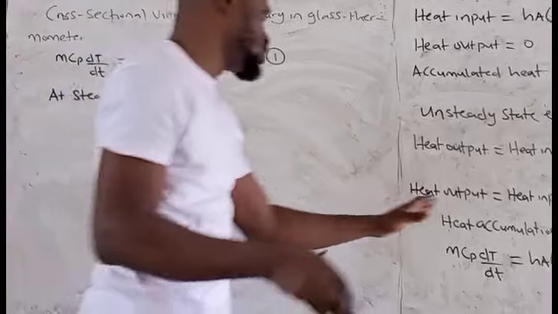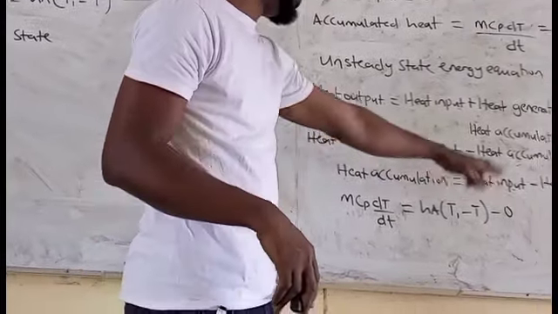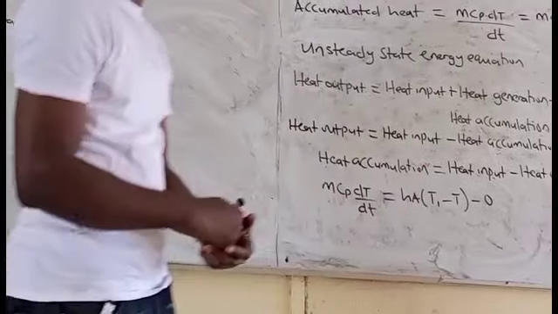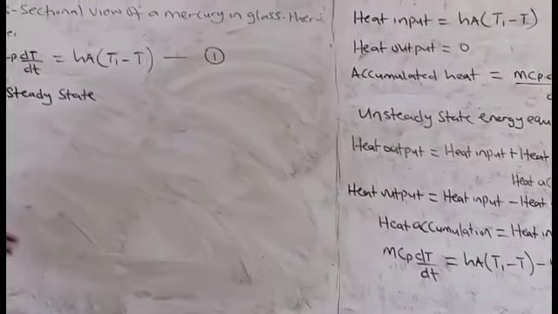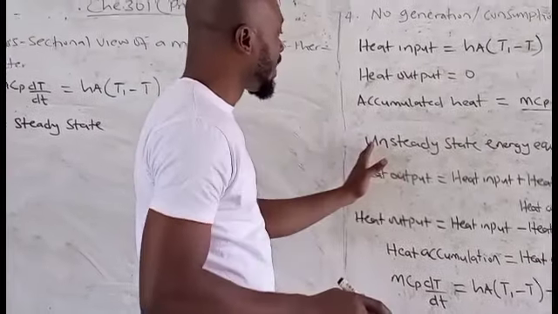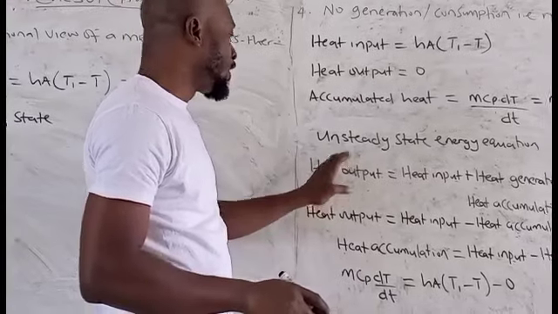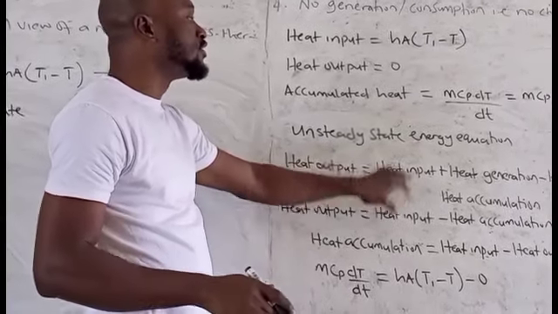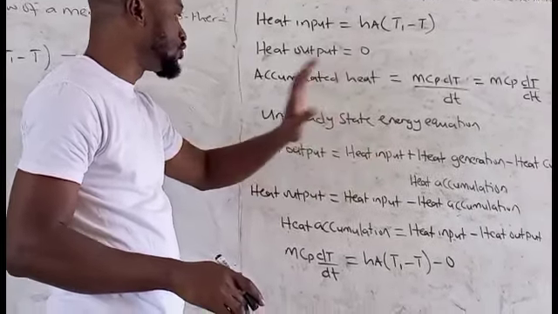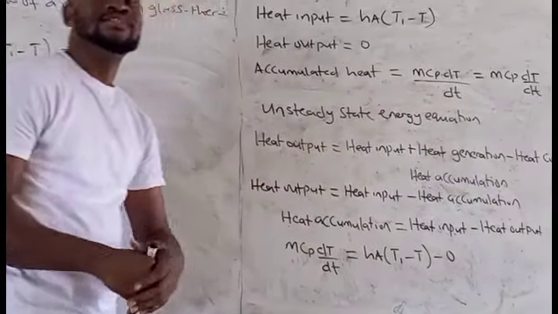Once your accumulation is equal to zero, you will always have input equal to output. That's why for steady state, you must have input equal to output. When I say the general energy equation, you have the input energy, the output energy, the heat generation, the heat consumption and the accumulation.